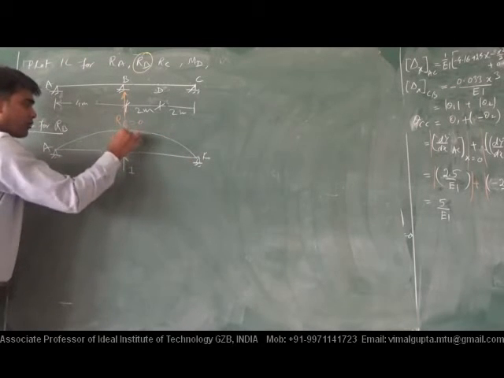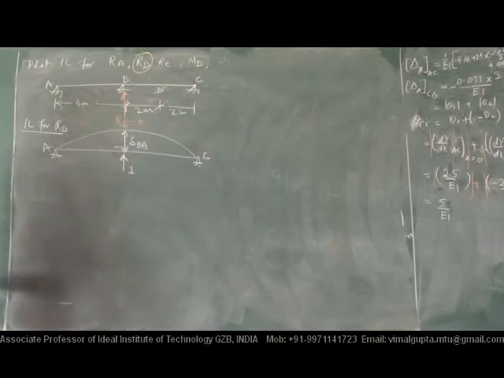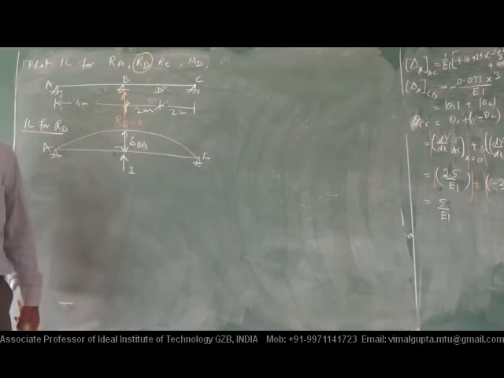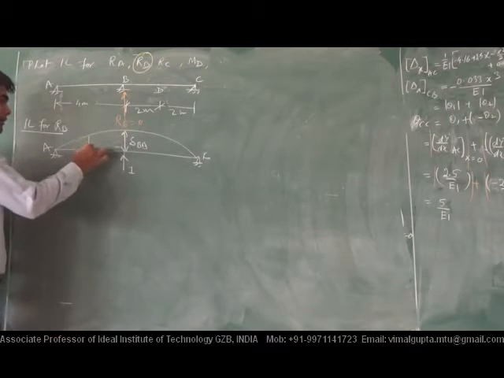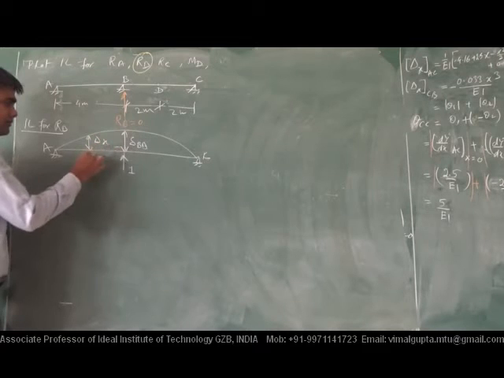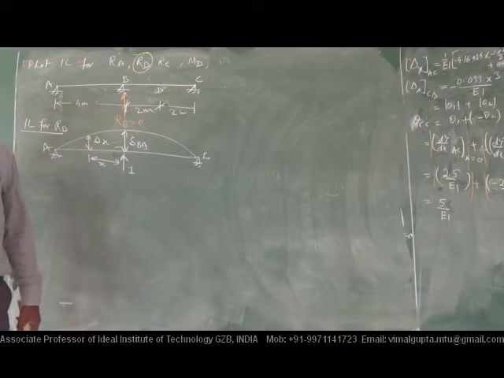Suppose for unit load, its value is delta BB, and for that corresponding deflection, the ordinate is delta x at a certain distance x. Clear?